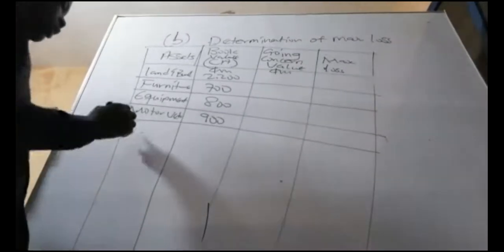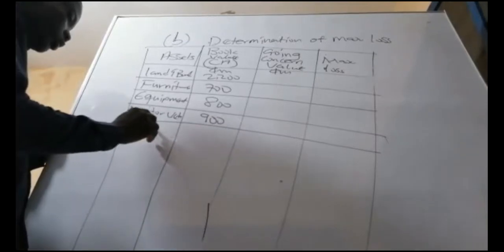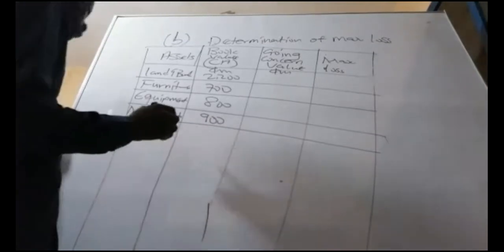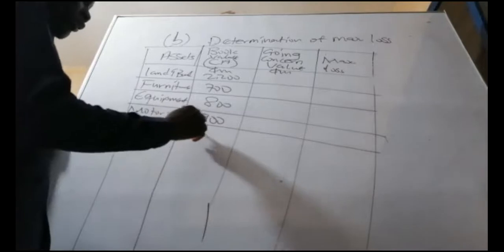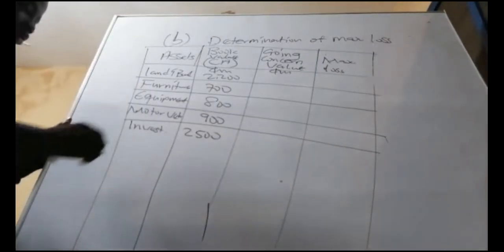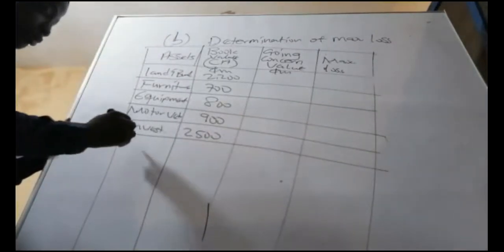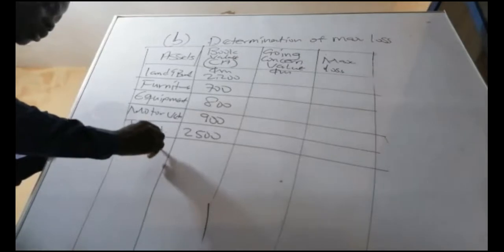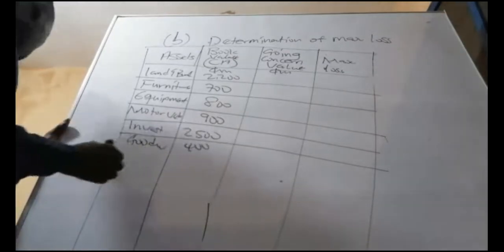So I'm writing them. Investment property is 2,500. That is the book value, right? Good. Then goodwill is 400.